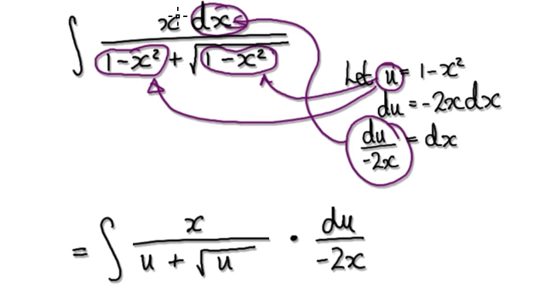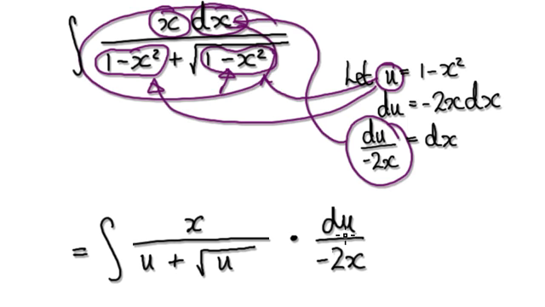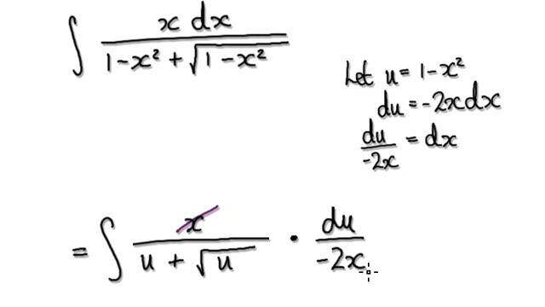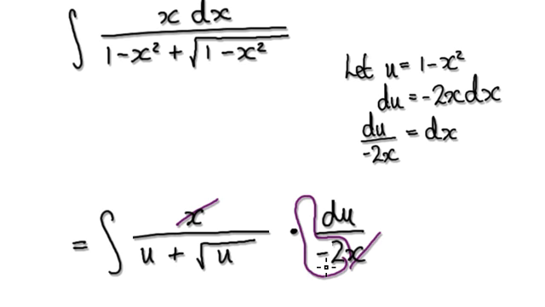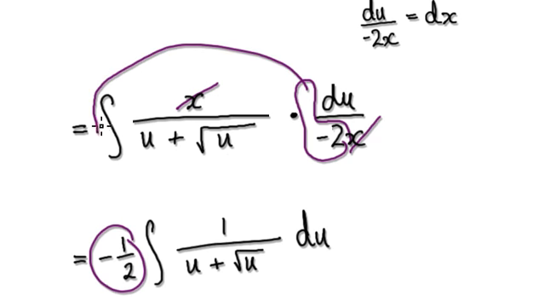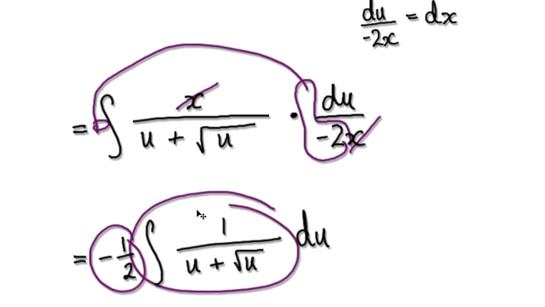Okay, and then because this is near enough the derivative of this bubble here, later on this x will cancel out with this x here. Okay, well, substitute everything in there. That will then take you to this stage here. So now this x will cancel out with this x. Factor out the negative a half. So that will factor out the negative a half, and then that will then give you this.